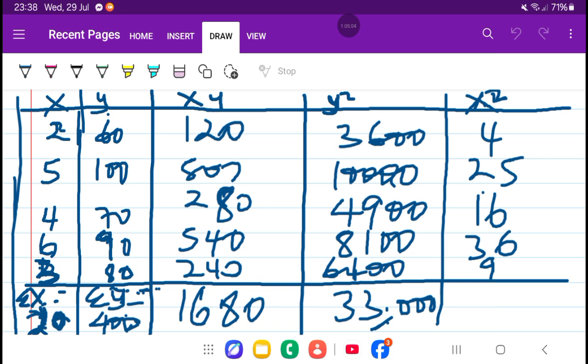It's 90. So you'll choose whatever, because here they have not specified for us which one to use.